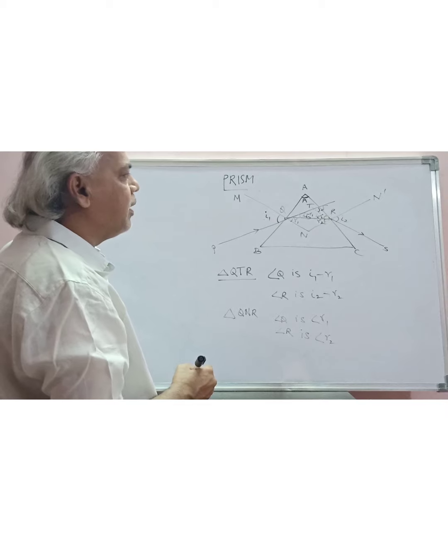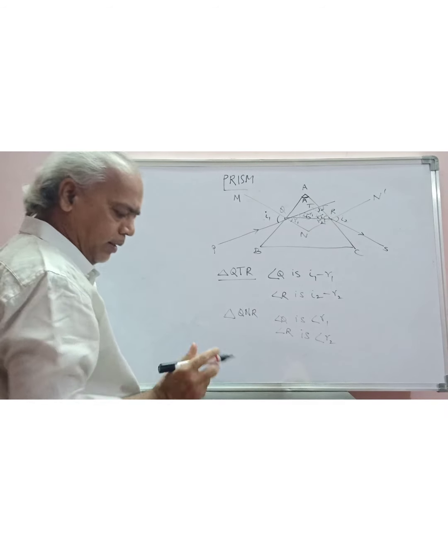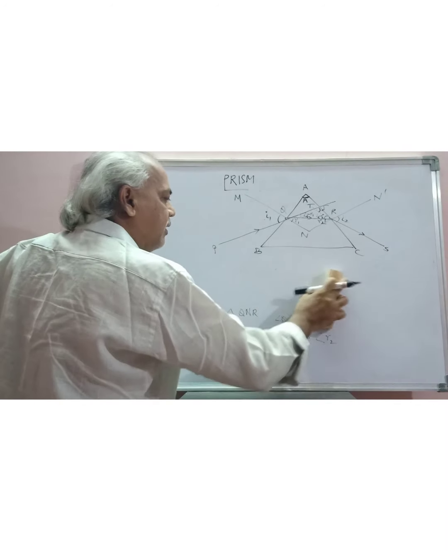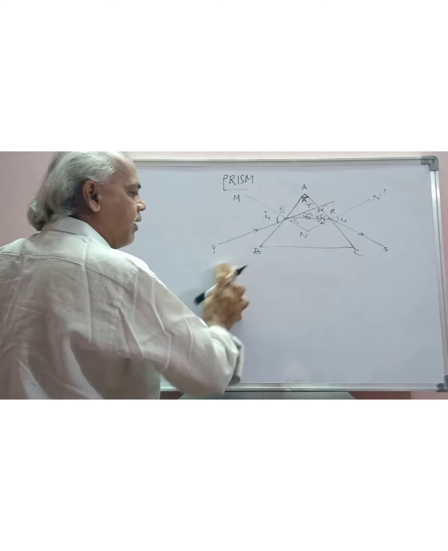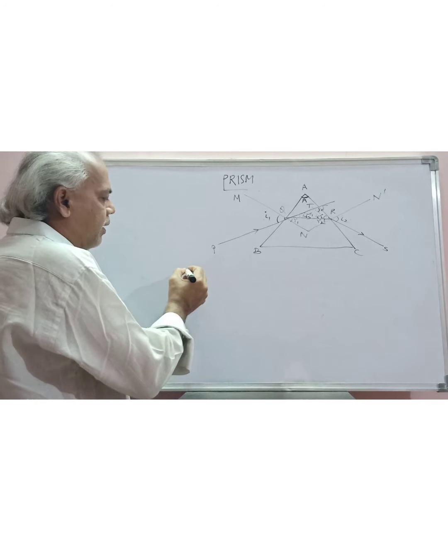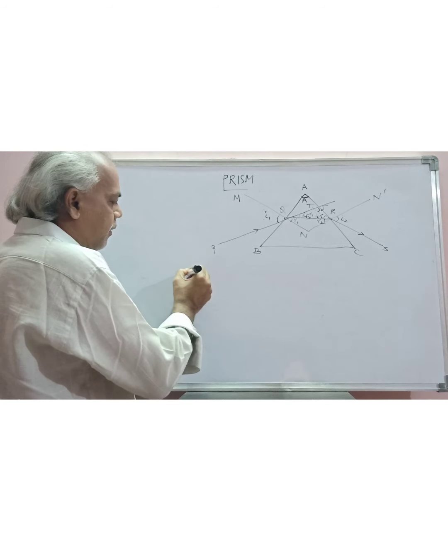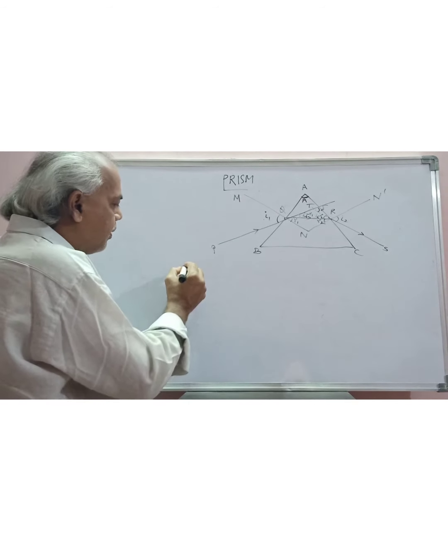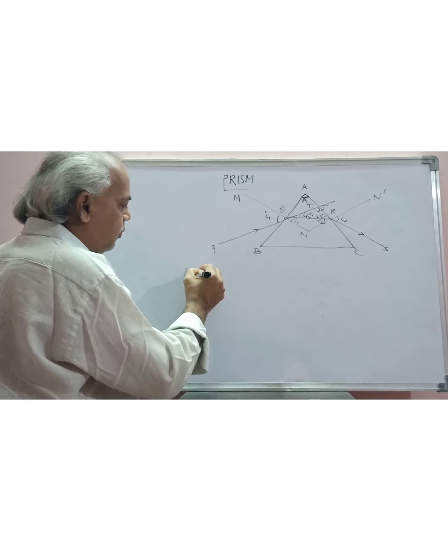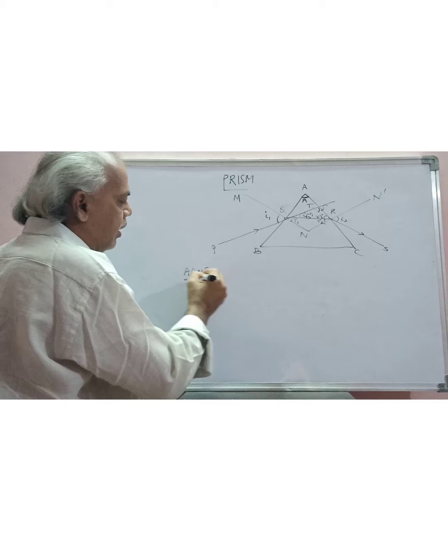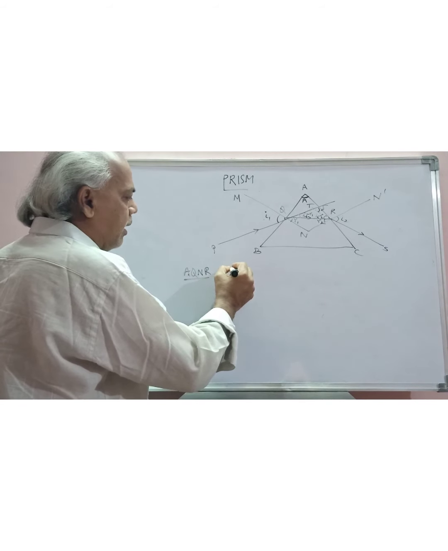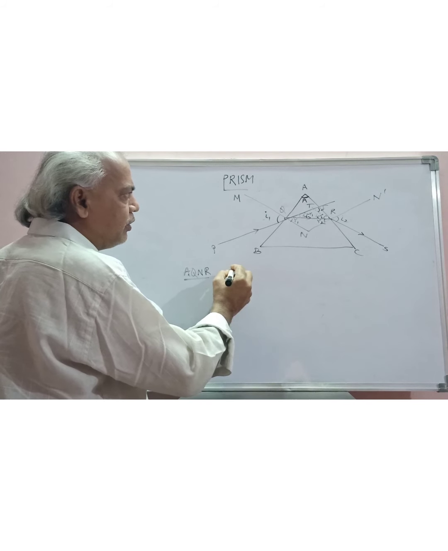We know the properties of triangles. The sum of the angles in a quadrilateral is 360 degrees. AQNR is a quadrilateral, so the total angle is 360 degrees.